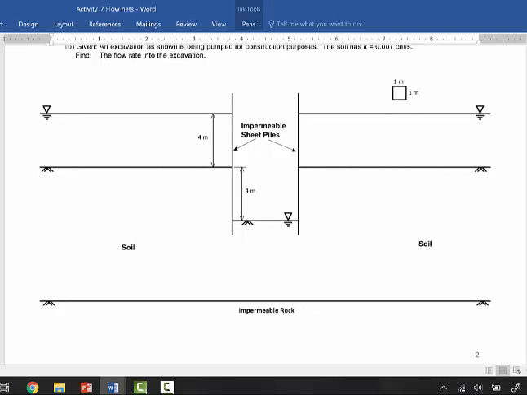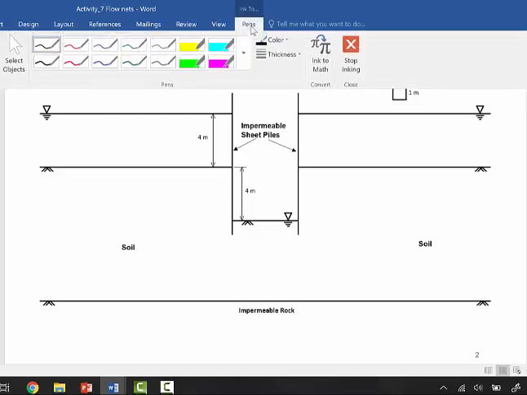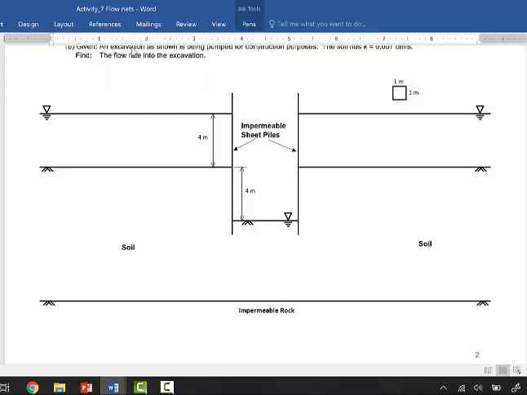This one looks a little more complex, but it really isn't too bad. What we like to do in this case is obviously follow the same rules. You want to look at the water-soil interface here. One equipotential line there, and then also one across here.